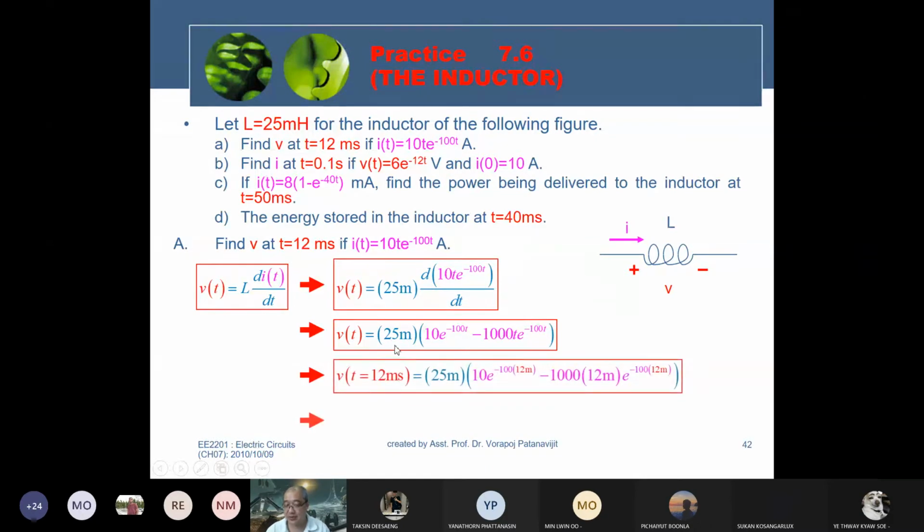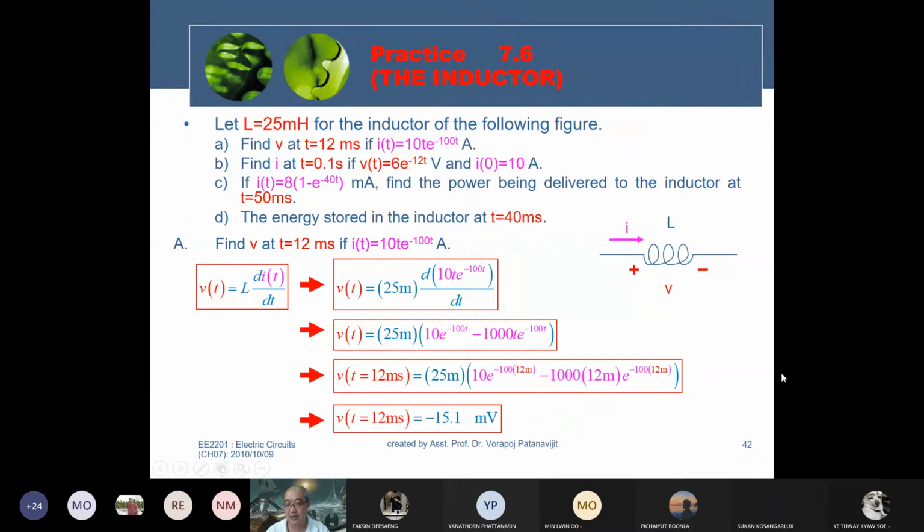The next question asks you to determine the inductor's voltage at the time equal to 12 milliseconds.